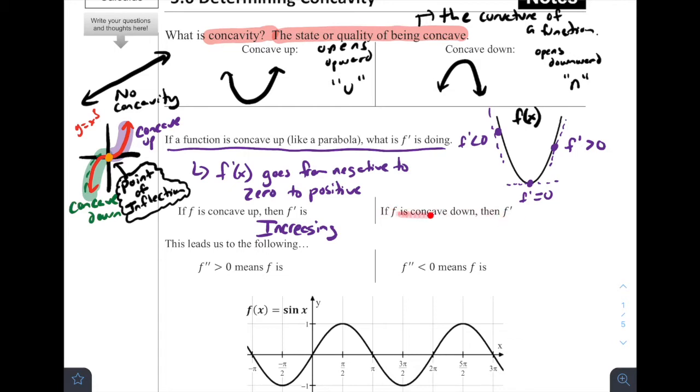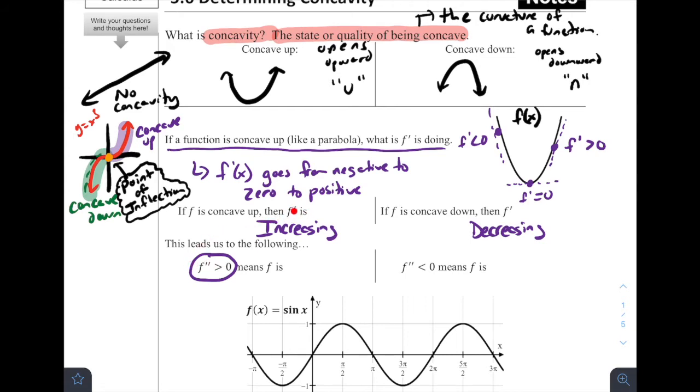Similarly, if this were concave down, we would have the same idea, except in reverse. If f is concave down, then we would say that f prime is decreasing. This leads us to the following: the second derivative is the derivative of the first derivative.